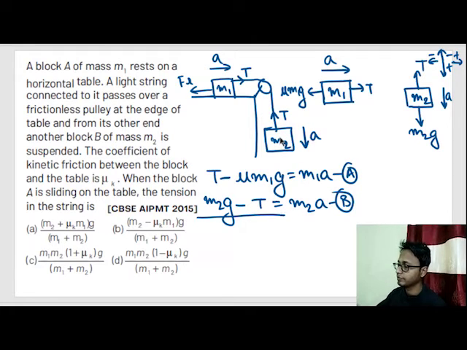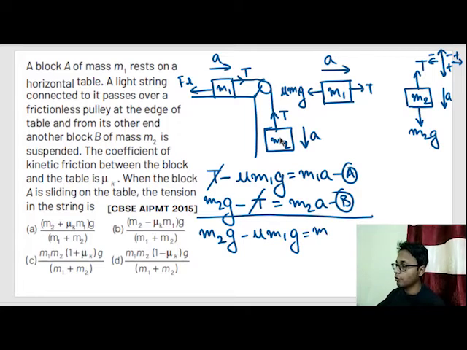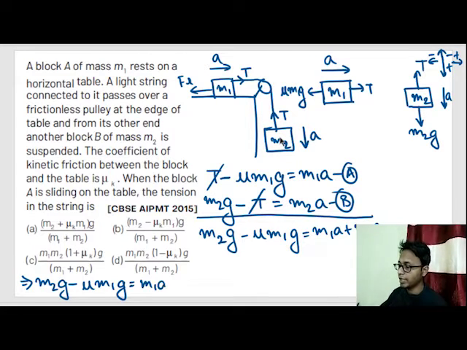Now when you add these, M2G minus mu M1G is equal to M1A plus M2A. I think M2A is not visible right here, so I'll write it out here.